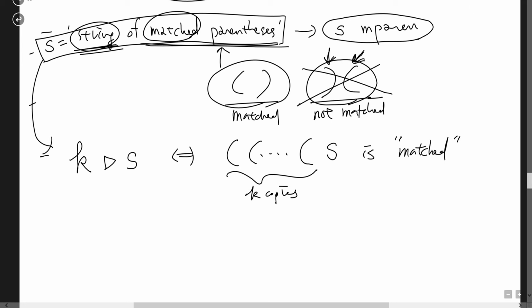So it's matched. And K denotes the number of left parentheses in the prefix, so K should be non-negative. So we introduce this new judgment.